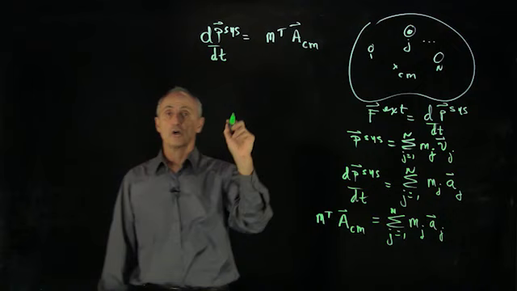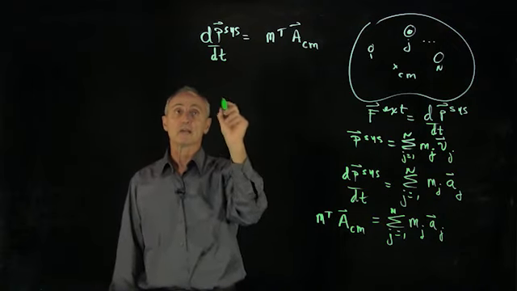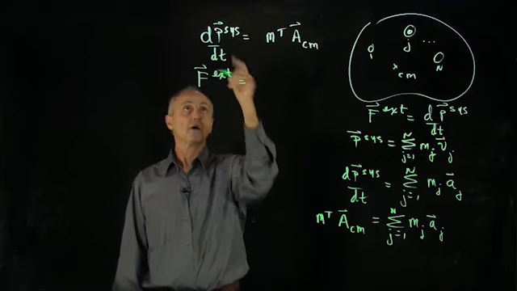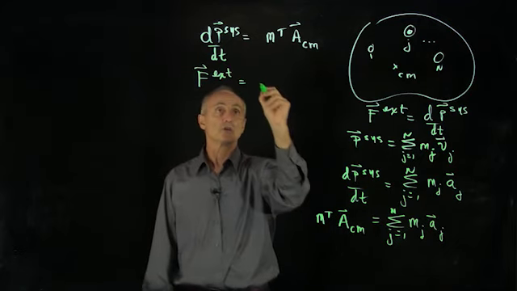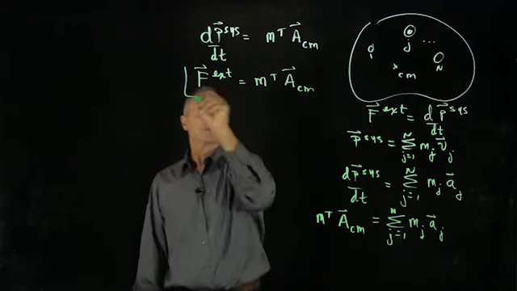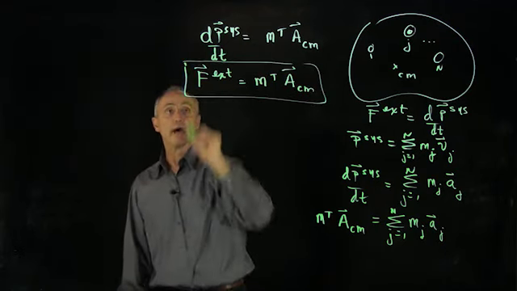And our combination of Newton's second and third law now becomes that only the external forces cause the momentum of the system to change, so that's equal to the total mass times the acceleration of the center of mass.